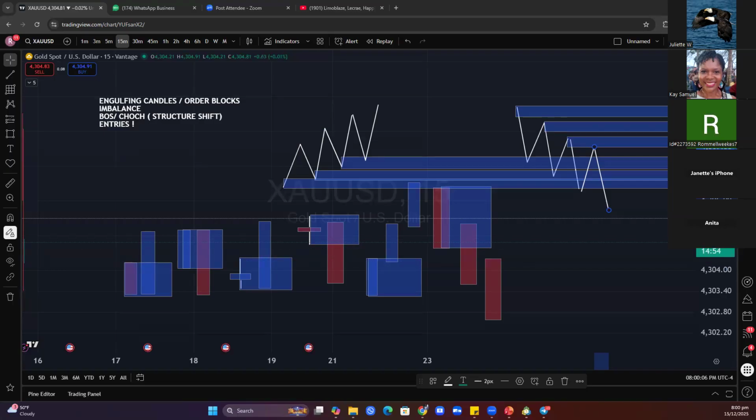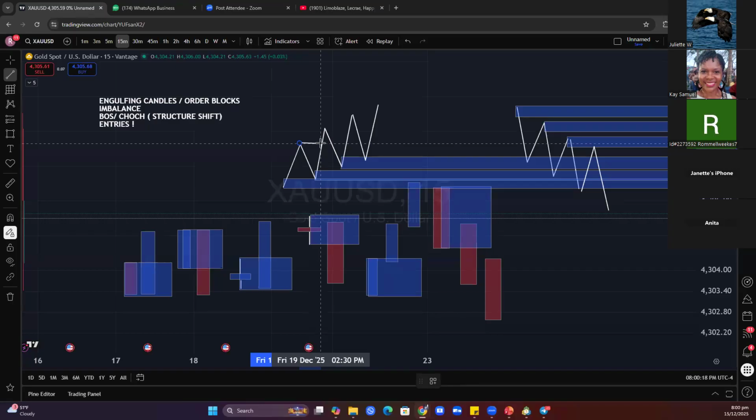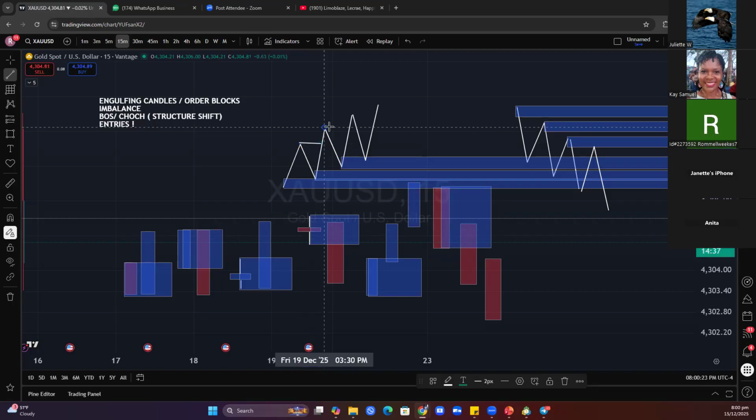All right. So break of structure is gonna help you to identify the direction of the market. Every time price breaks a high, or every time price breaks a low, it will be considered a break of structure. This helps you to confirm the direction of the market.